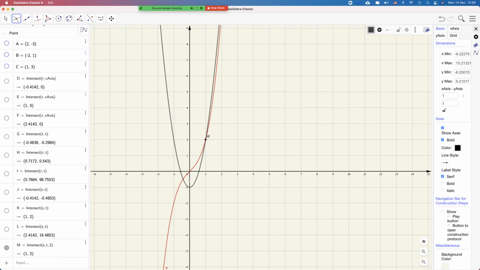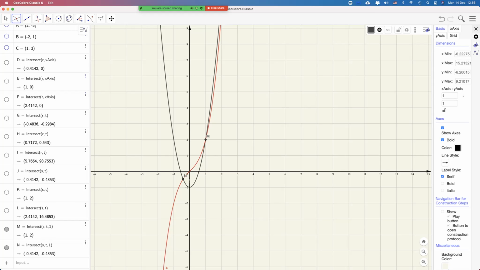And let me just do this one if I can do it with my eyes here. Click here. And then you see this is n. Do you see this number? This number is exactly the number that we got before. This number is here. Yes? Minus 0.4142. The y coordinate was 0 because that was the x-axis.